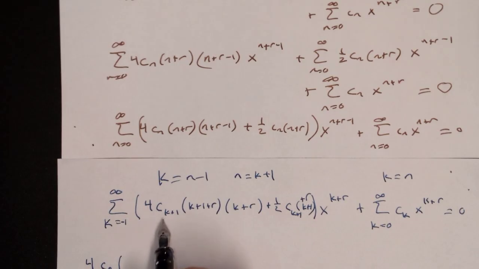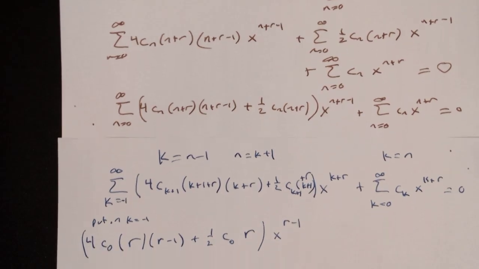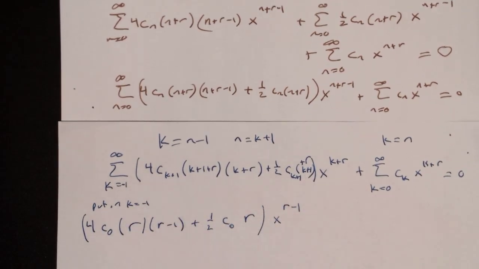So, put in -1: 4c0 times r minus 1 plus 1 half c0, k plus 1 is 0 plus r. So there's an r there. x to the r minus 1. That would be what happens if I plug in -1.